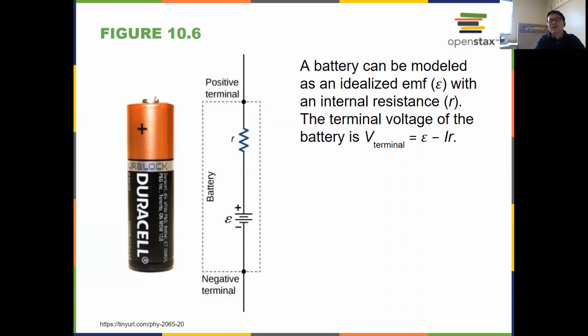If your battery is brand new and it says 1.5 volts, then if you directly measure it, it could be like 1.53, just to get the voltage close to the 1.5 as specified. So the terminal voltage is equal to epsilon, the EMF specification of the battery, minus the current in the circuit times the internal resistance of the battery. The current through the circuit will also go through the battery in that sense.